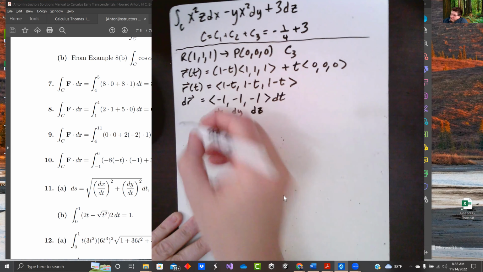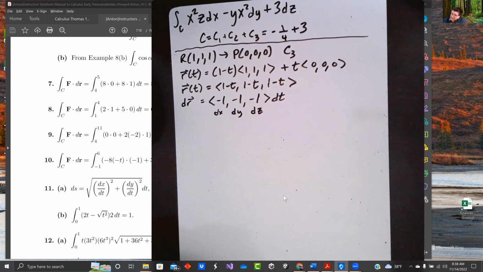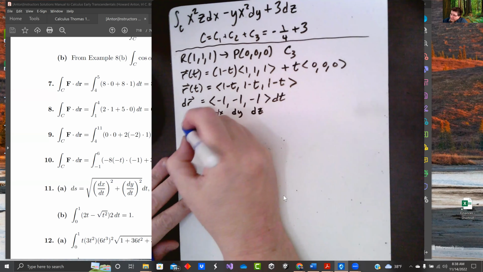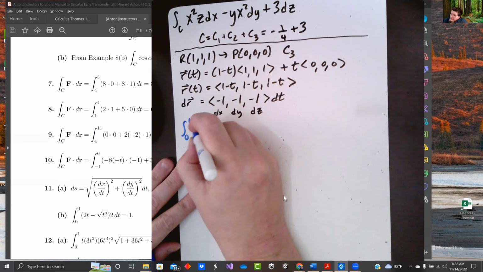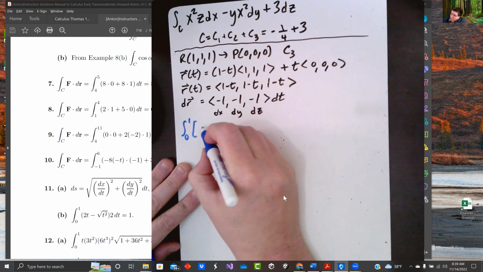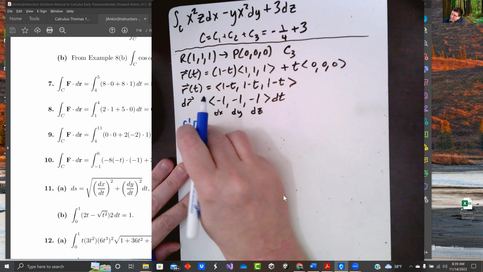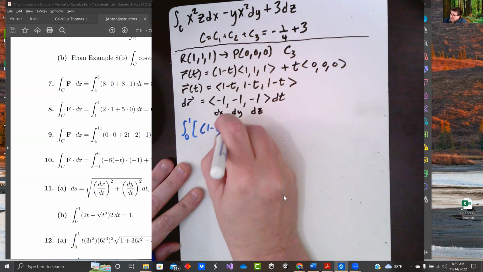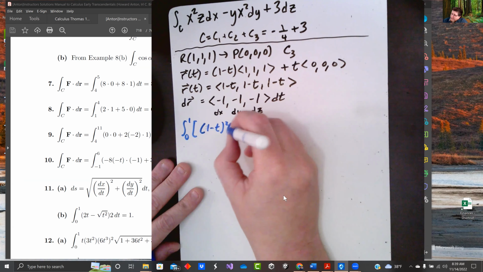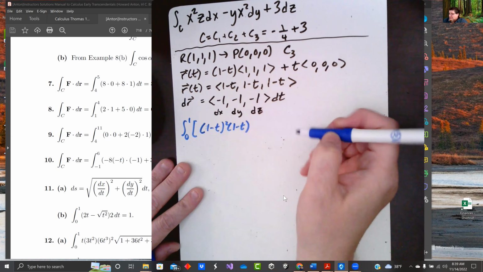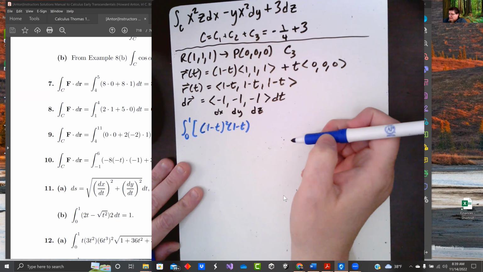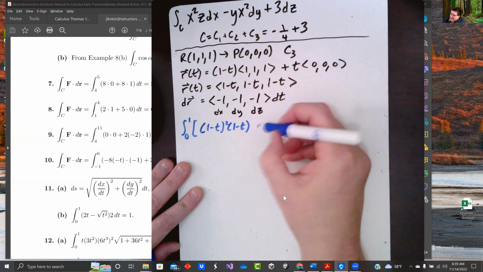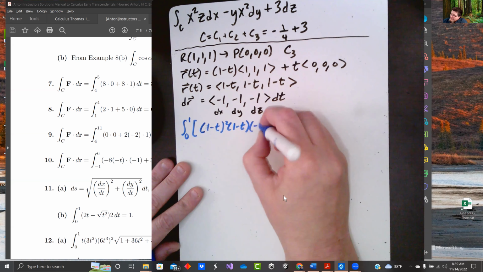So let's look at our curve. We're going from 0 to 1 for all of them. x squared would be (1 minus t) squared, and then z is 1 minus t, and then dx is -1 dt.